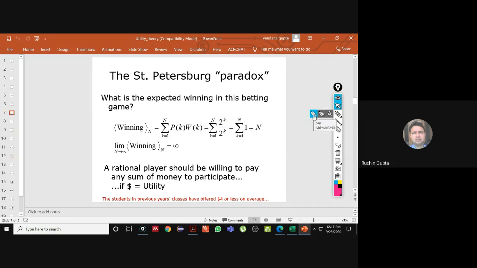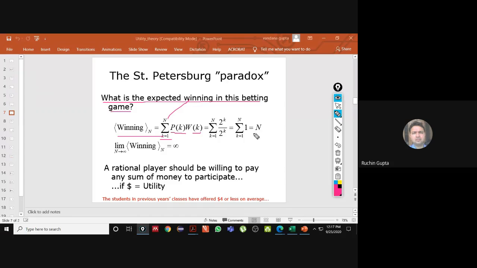So the question is, what is the expected winning in this betting game? So this is given by this formula. If you have n number of flips, the probability of the kth, and the amount of winning.